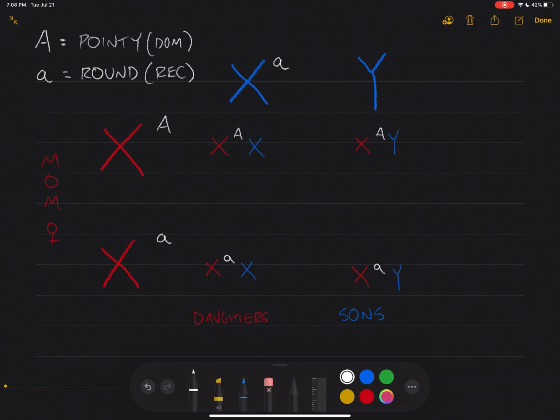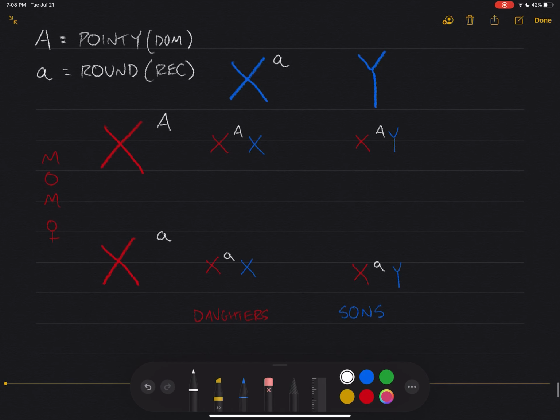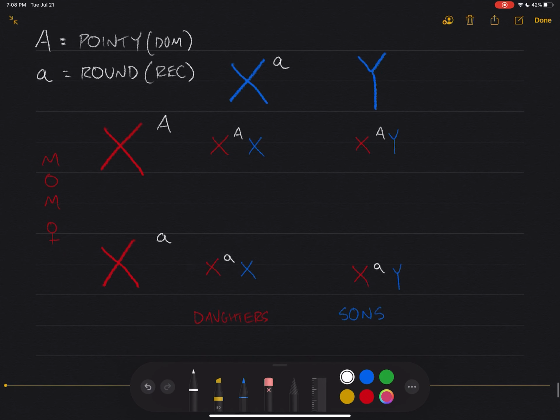Now, the Y doesn't matter because I think the sons are going to get whatever this X is. He's pointy. He's pointy. He's round. It really depends on what X chromosome they get, right?